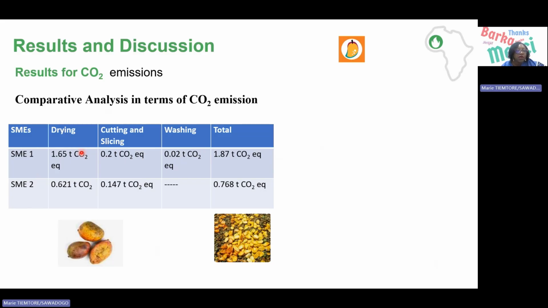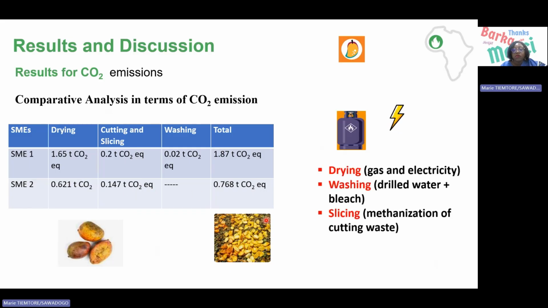The comparison shows us that the first one has about two times the impact of SME 2. This is due to the inefficiency of the equipment in these SMEs, and the consumption of water from the national company, while the second one uses groundwater in its company. So drilled water and the use of bleach are the most impacting factors, and also the use of gas and electricity.